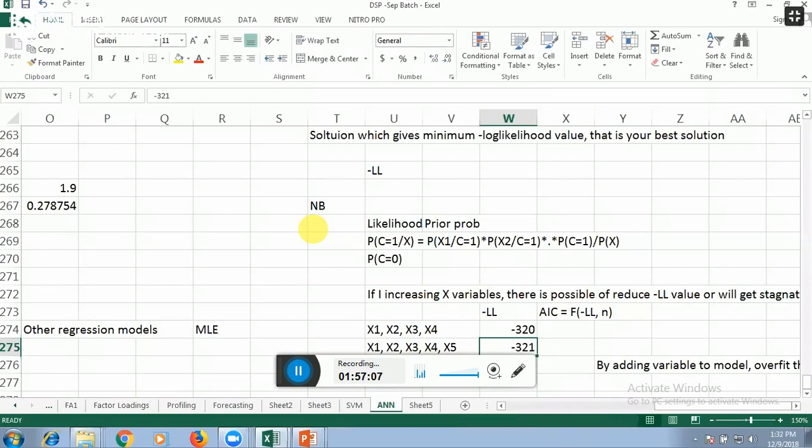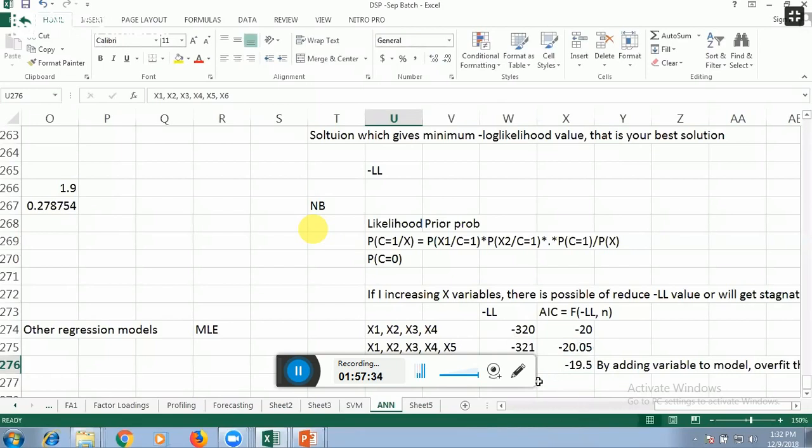Suppose from here to here, my AIC value is, for example, 20, and here you will get minus 20.05, but here minus 19.5. The reason is you are penalizing your log likelihood if the contribution from the new variable is getting added.